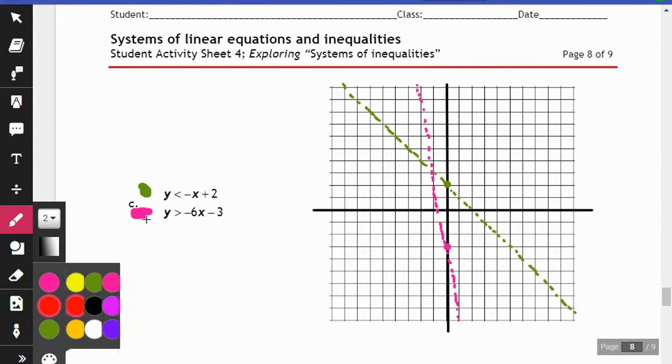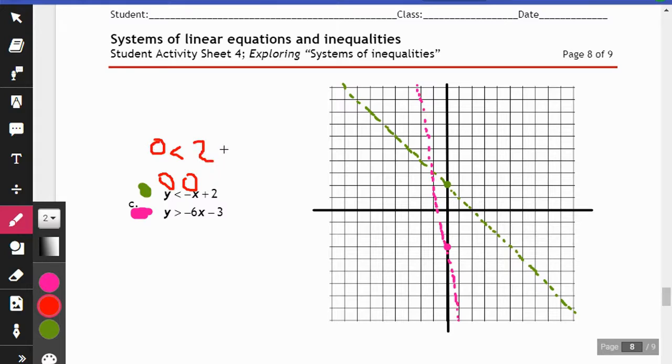All right, 0, 0. Does 0, 0 work? That's going to be 0 is less than 2. Hey, that works. Down here we have 0, 0. 0 is greater than -3. Also works.